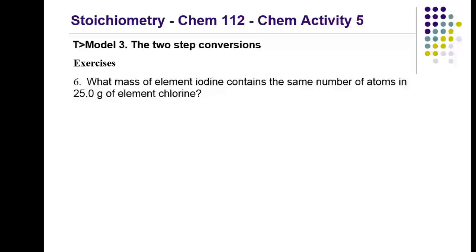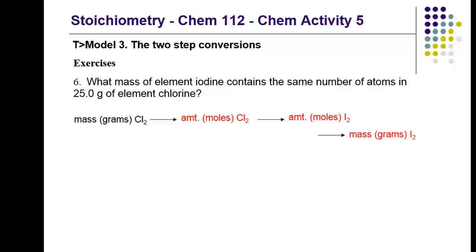So putting this down in terms of a unit plan, it could look like this. Mass in grams of chlorine, which I can convert to the amount of chlorine, which I can convert to the amount of iodine. It's going to be the same amount, so it'll be a 1-to-1 ratio. Once I know the amount of iodine, I can convert that to the mass of iodine.